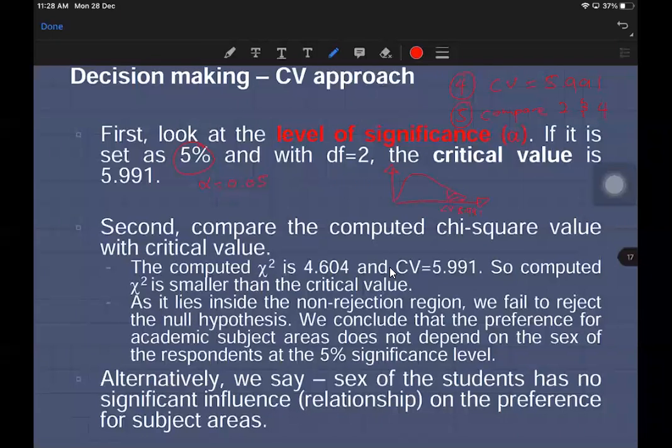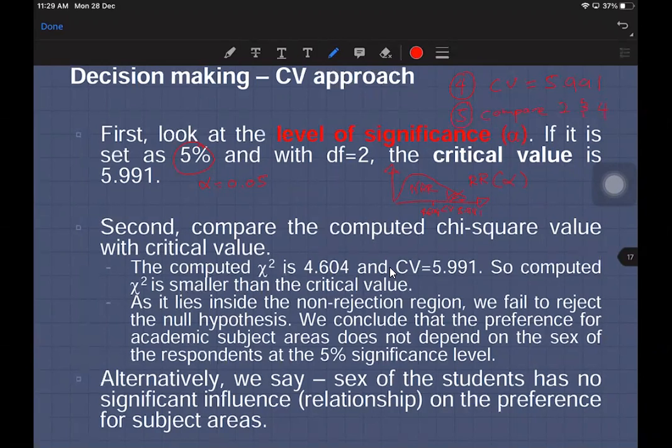This area is the rejection region, our alpha, and this part is the non-rejection region. After computing in step 2, our chi-square statistic value is 4.604, which falls in the non-rejection region.